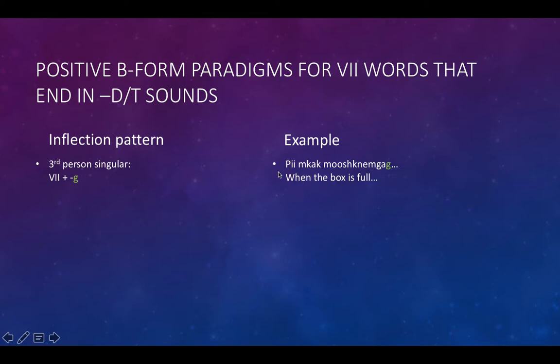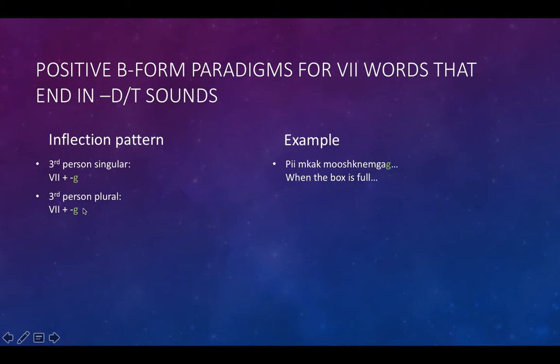So P is our B-form grammar pattern example. Mkuk is box. Moshnemgud is our VII word. But for words that end in D or T sounds, we replace that D or T at the end with a G sound. So altogether, this means when the box is full. P mkuk moshnemgug.